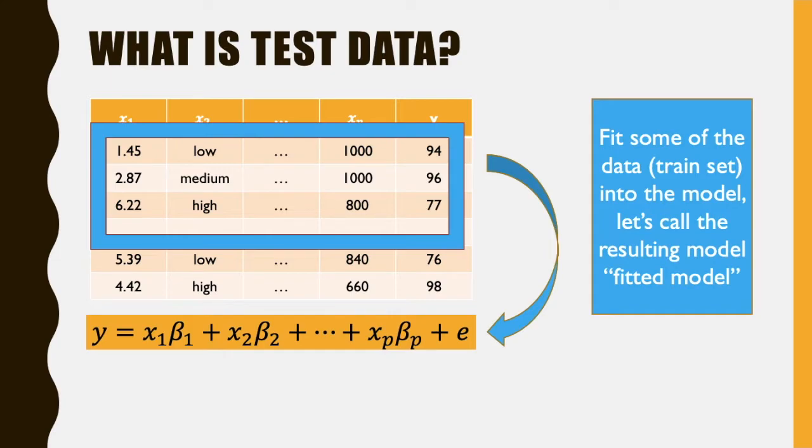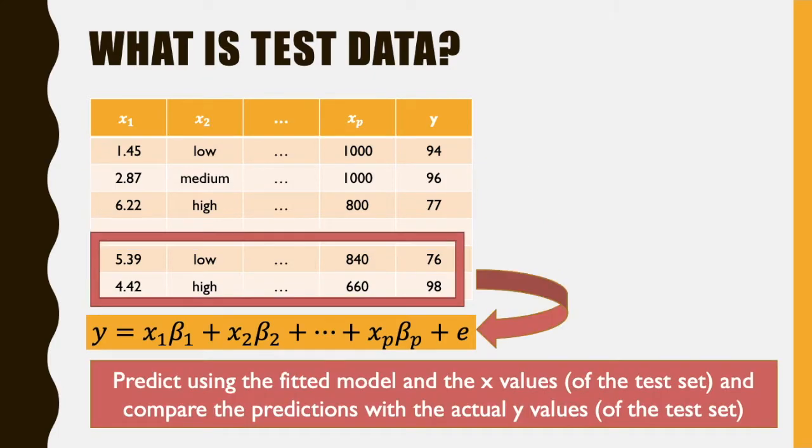We call this data the train set, and the estimated coefficients are the fitted model. And then input the x variables of the rest of the observations into the fitted model and predict y for those observations. Compare the predicted y values and the real y values. The smaller the difference between the predictions and reality, the better is the fitted model's out-of-sample performance. We call those data that are used to measure the out-of-sample performance test data.